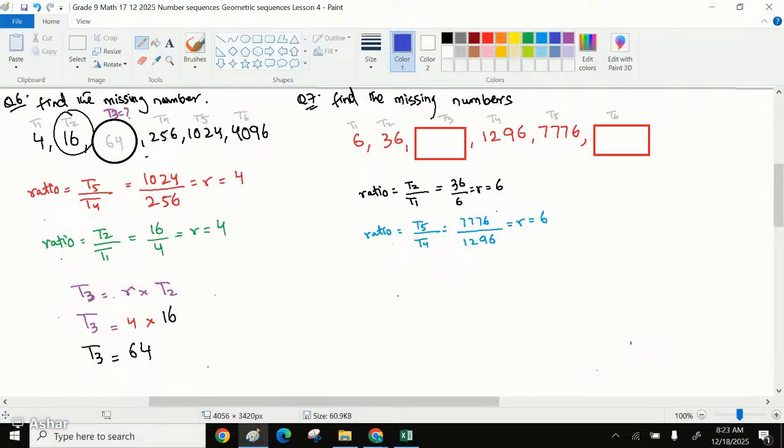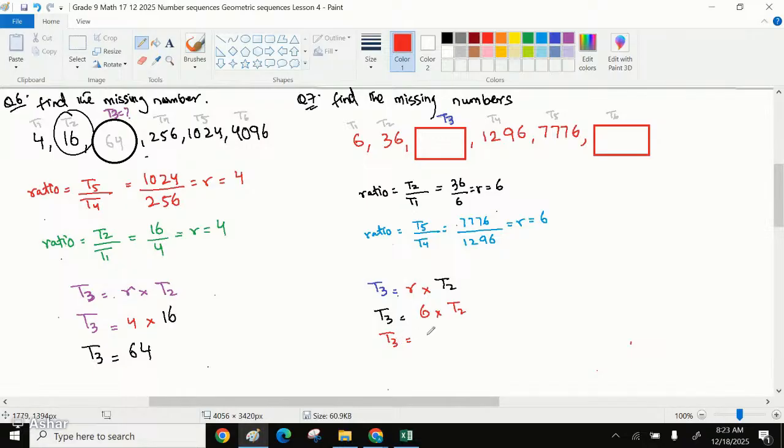Now we need to find term number 3. So in order to find term number 3, we can say term number 3 is ratio times its previous term. That would be term 2. That means term 3 is 6 times term number 2.